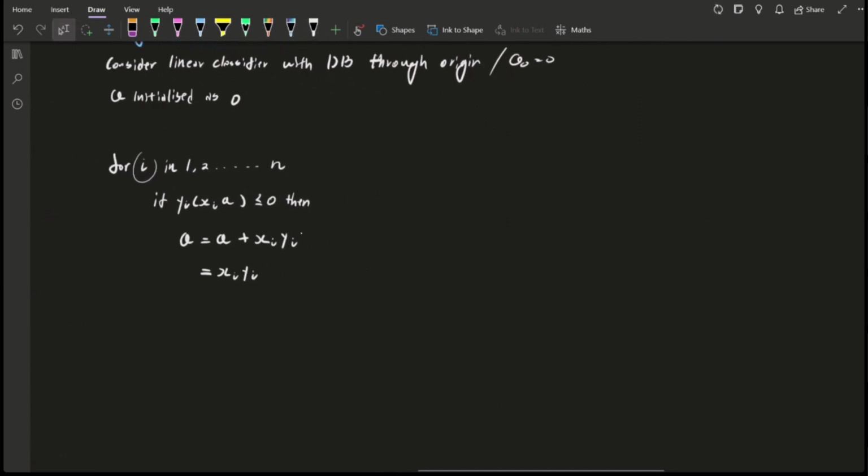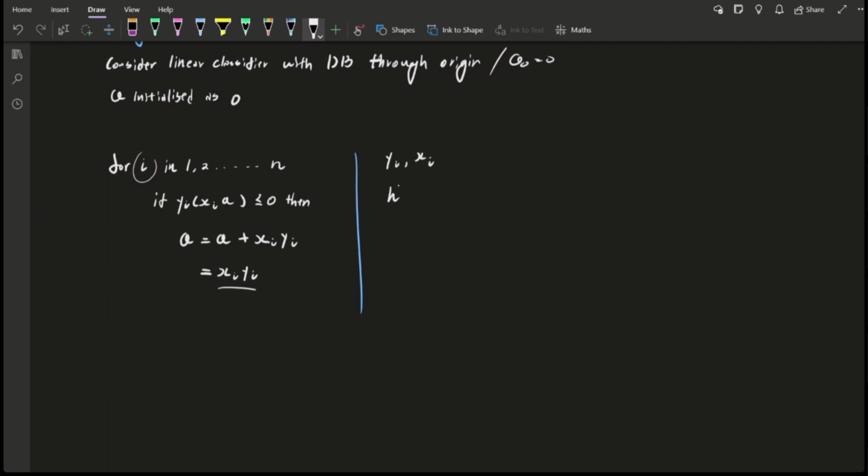So let's try to understand what this is actually doing. There are two ways to understand this. The first way is to analyze it mathematically. Let's say we take our newly updated weights and put them through the same old sample that we just got wrong, so we put this back into xi and yi.